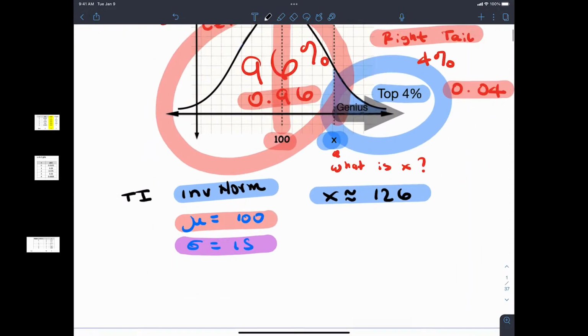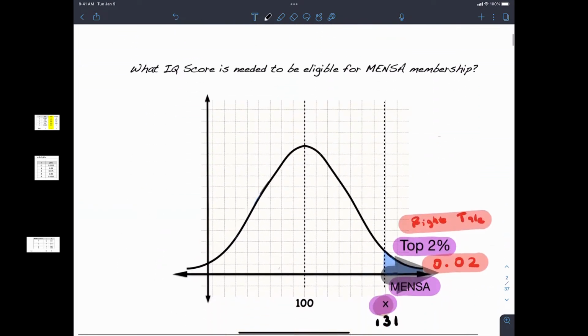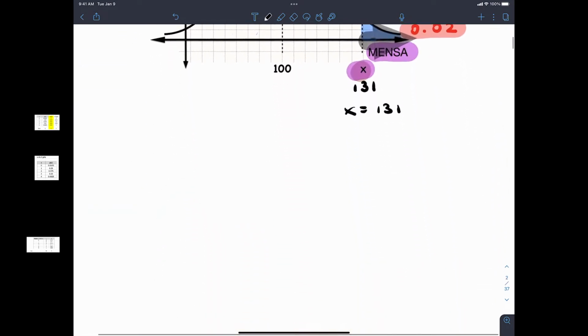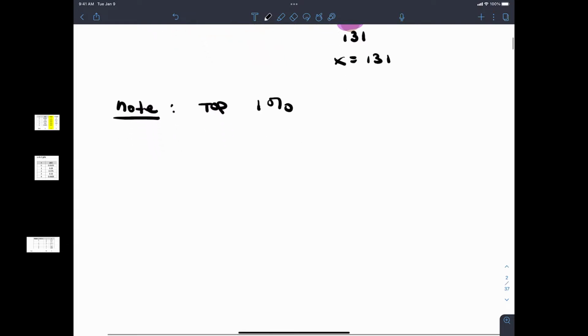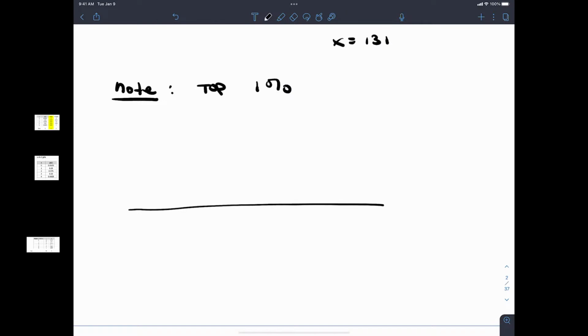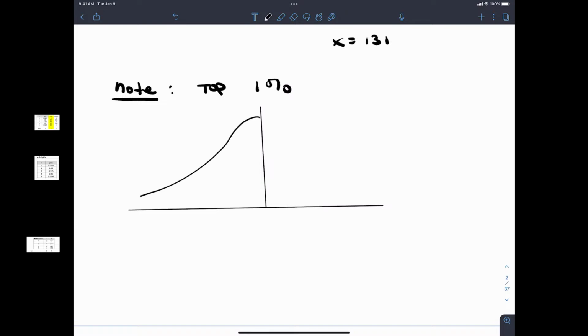Inverse norm. Okay. Now I'm going to ask you guys, I want you guys to note something. We can find the IQ to be in the top 1%. Now, what do you think top means?